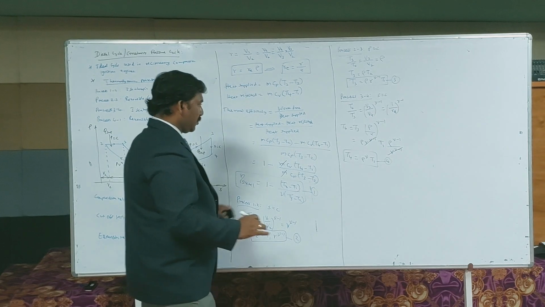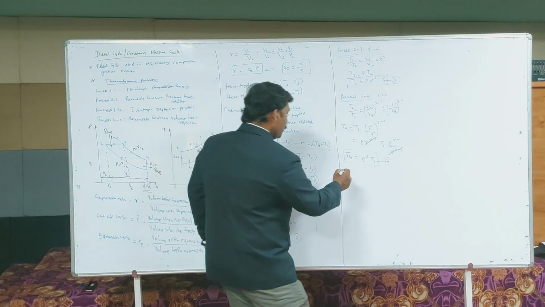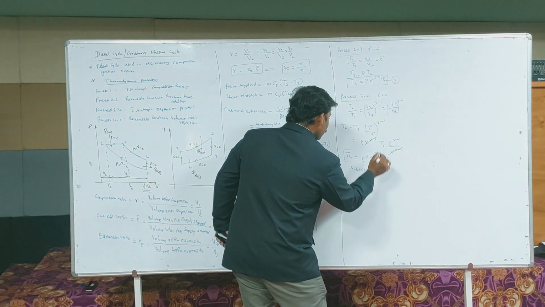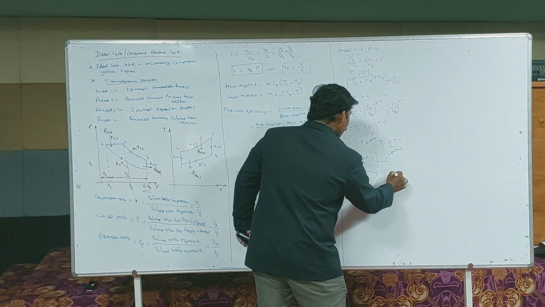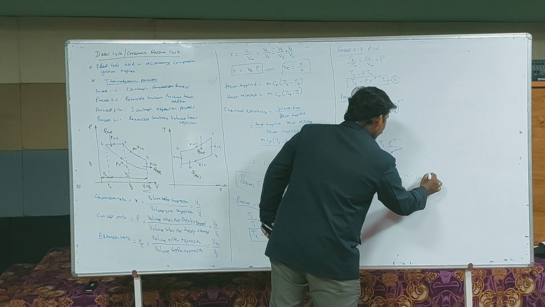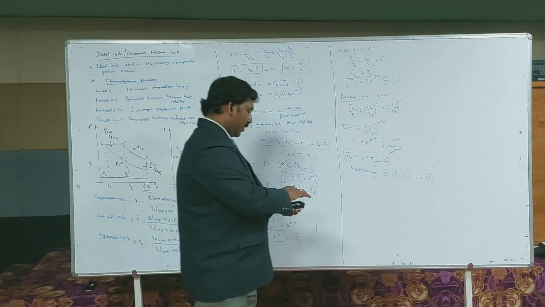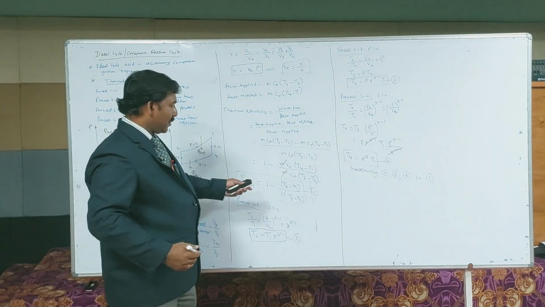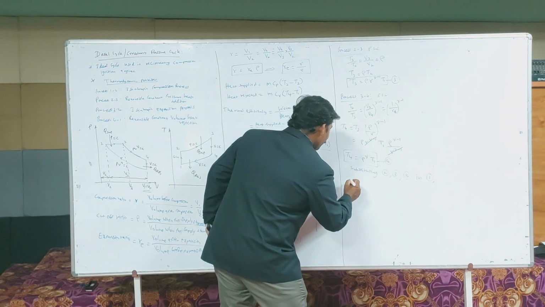Now by substituting the second equation, third equation and fourth equation in equation 1, I will get the efficiency of diesel. In that equation I have to substitute all this.